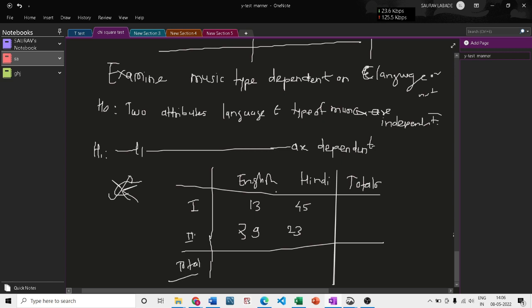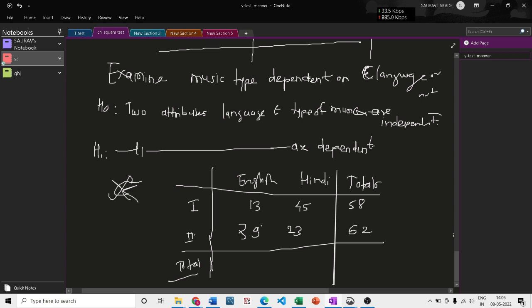Just find out the totals, row-wise and column-wise, right? Here the first total will be, I think, 58, right? 58, and this will be 62.